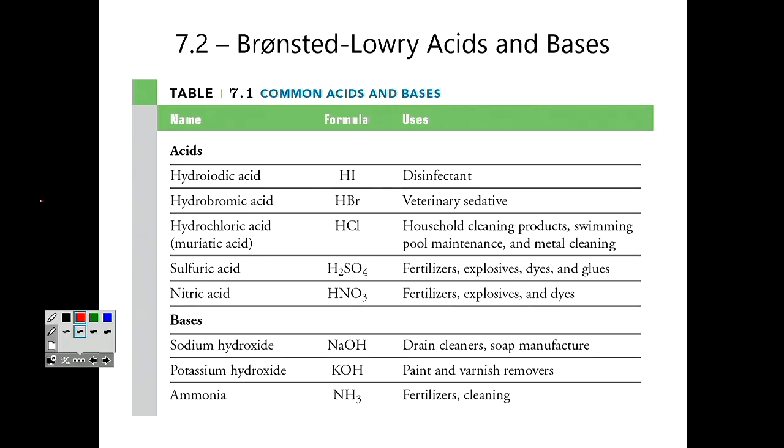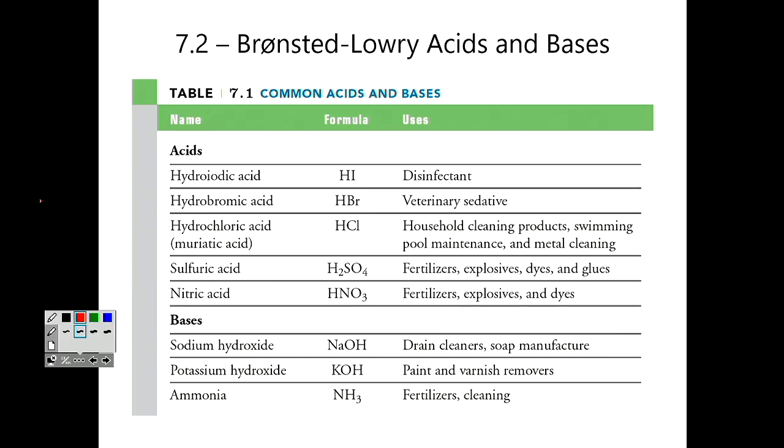Anyway, so sulfuric acid is also used in all kinds of places, fertilizers and things of the sort. Nitric acid, this is a very important industrial compound. It provides nitrogen that can then be used to produce all kinds of fertilizers, explosives, dyes, and all kinds of different things. Sodium hydroxide, very important compound used in all sorts of places.